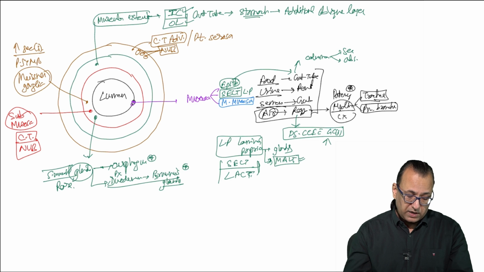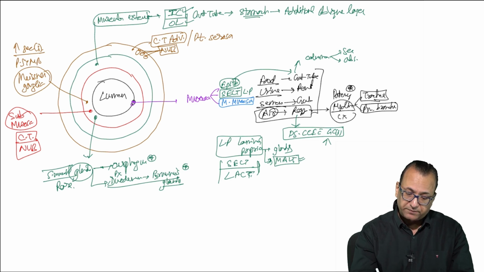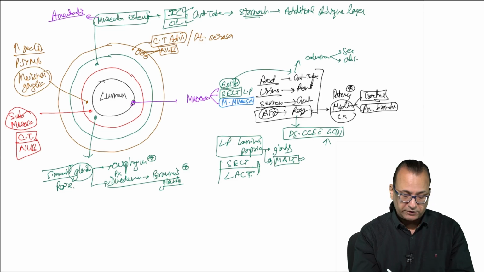Now, as we move on to the other plexus, it will be in the muscular externa. So, in the muscular externa, you will have Auerbach's plexus, which is abutted between the 2 layers, because in the muscular externa you have seen there is an inner circular layer and an outer longitudinal layer.